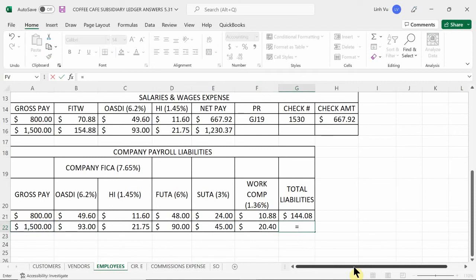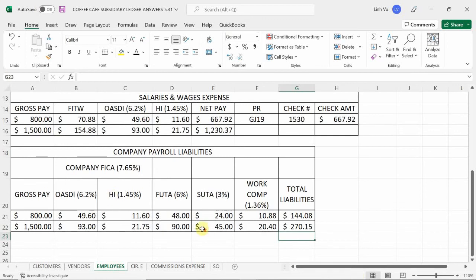So how much taxes is the company responsible for Tim? It's $270.15. So wow, Tim already is getting $1,500 from us, plus we have to be responsible to pay $270 worth of tax for him. Okay?